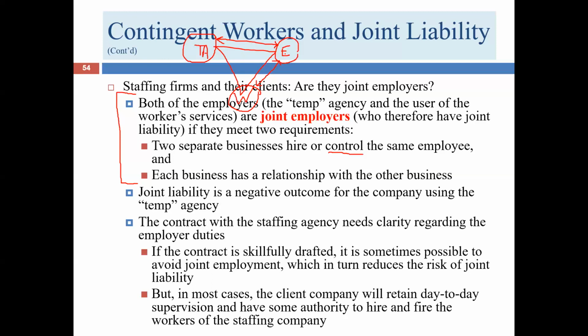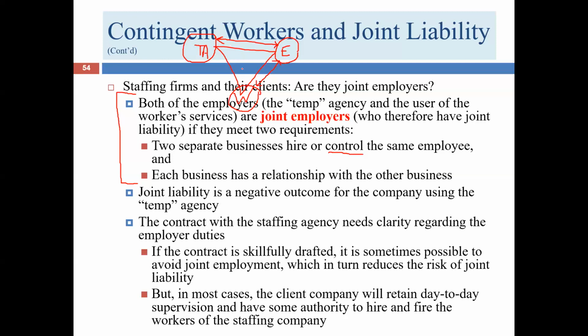It requires a lot of training within the employer organization so that the managers and supervisors know that they aren't managing or supervising the workers for the temporary agency, and that all of their communications are going to have to be to the temporary agency, and they can't be of the type that says, you need to tell Bob he needs to dress more appropriately, or you need to tell Sally she's taking excessively long on breaks.